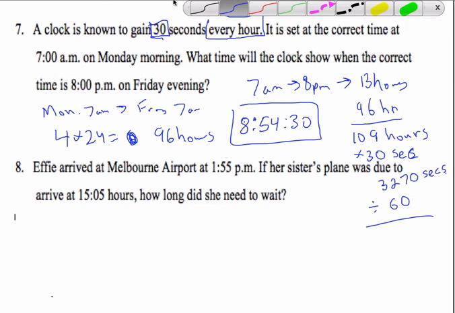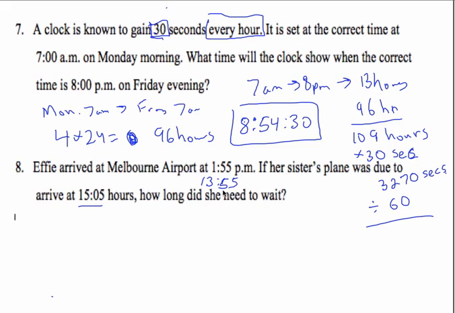Okay, so next, Effie arrived at Melbourne Airport at 1:55 p.m. and her sister's plane is due to arrive at 15:05 hours. How long will she need to wait? So actually 1:55 p.m., if you convert it to a 24-hour clock, is 13:55. Okay, so let's look at it this way.